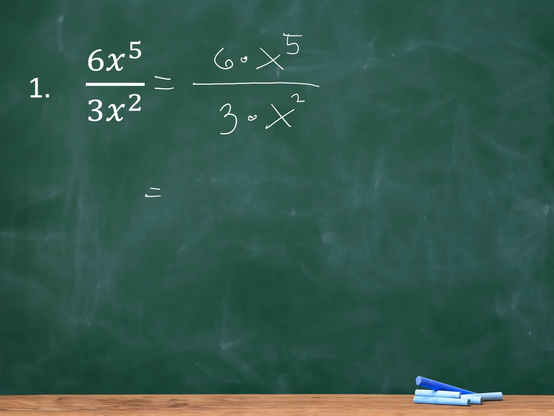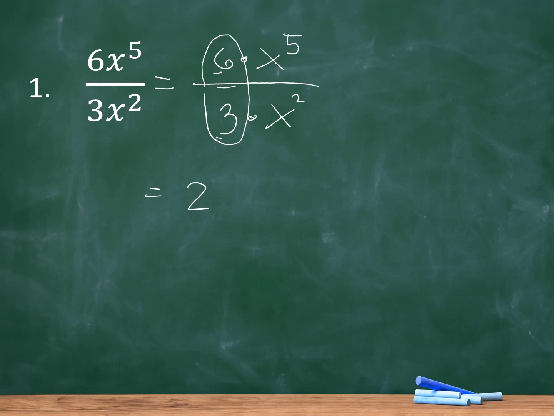What we're going to do is divide first the numerical coefficients, and then later we will deal with the variables. So 6 divided by 3 is 2. So we write here 2.